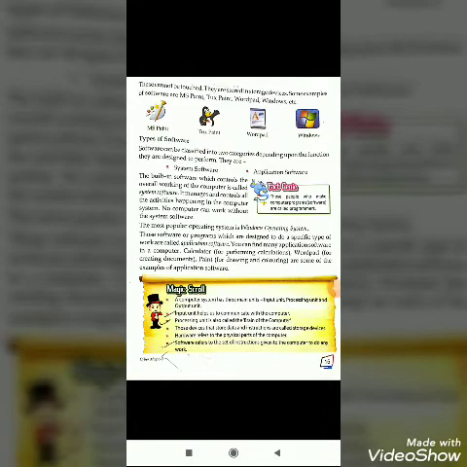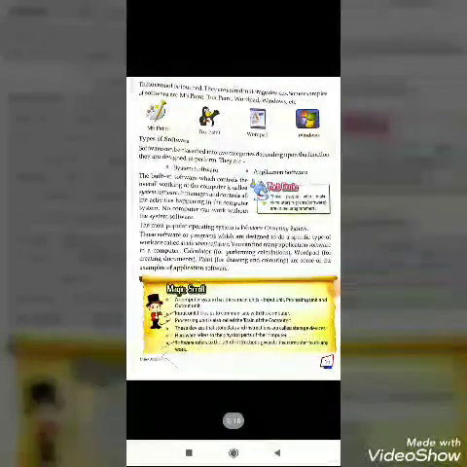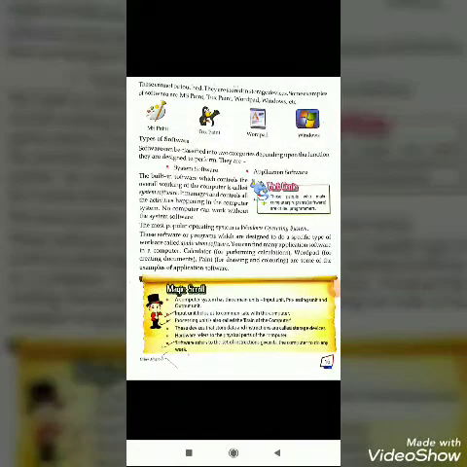The software which controls the overall working of the computer is called system software, but application software means those programs designed to do a specific type of work.